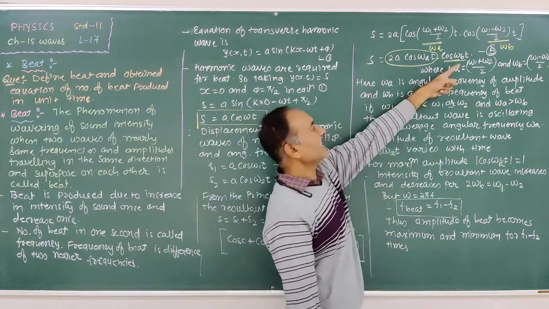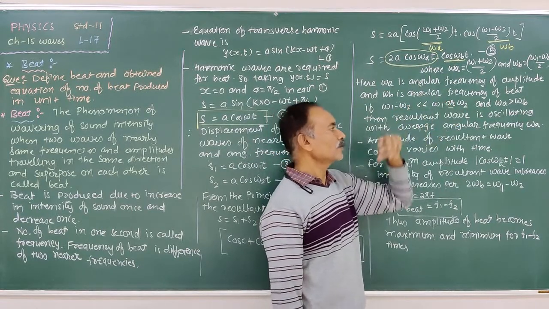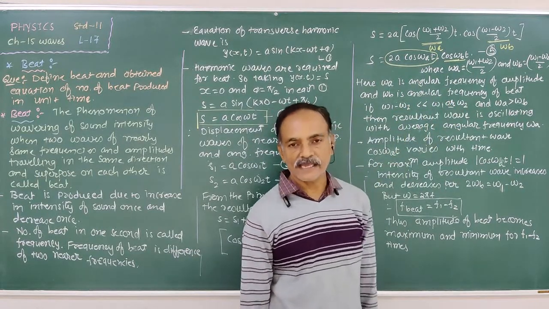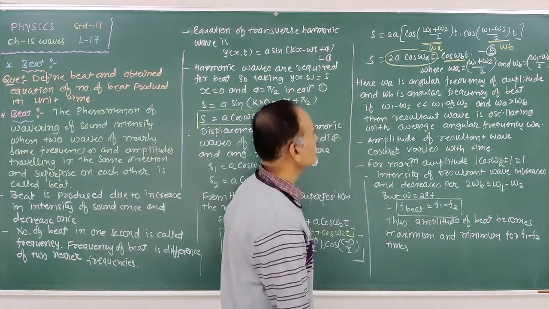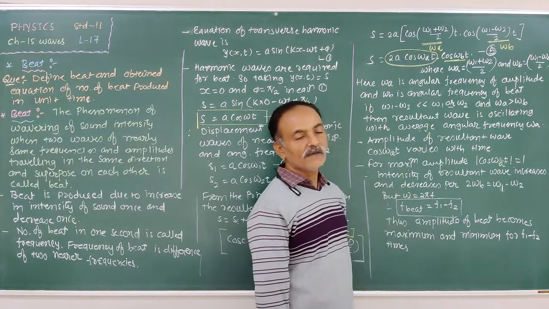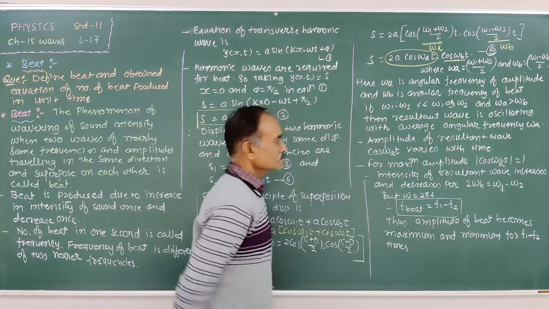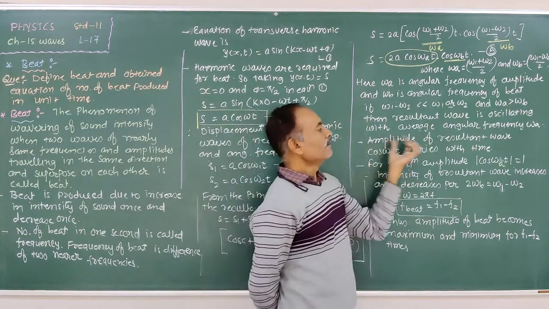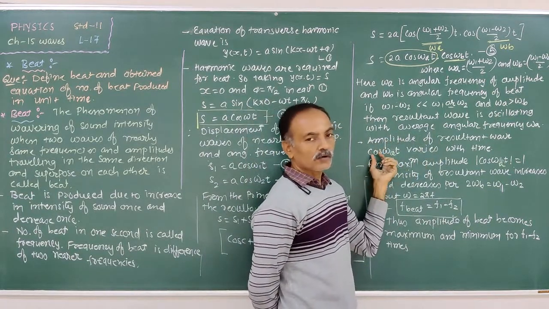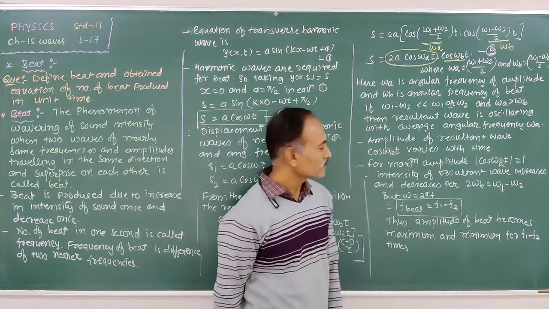Now, if omega 1 minus omega 2 is less than omega 1 or omega 2, and omega a is greater than omega b, then the resultant wave oscillates with angular frequency omega a. Therefore, the amplitude of the resultant wave, cos omega b t, varies with time.